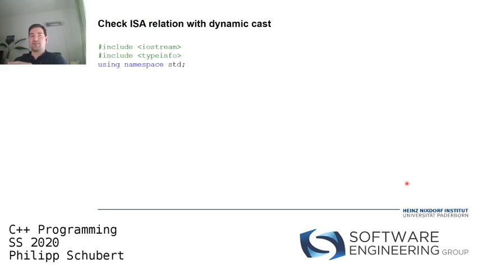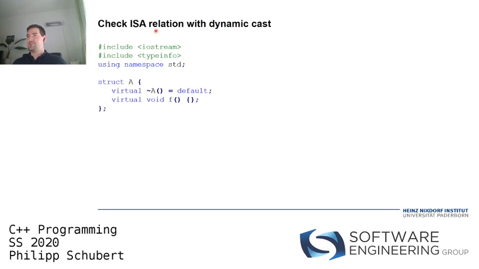If the dynamic cast succeeds, then one thing is also another thing. So if you downcast something from type shape to a triangle and the cast succeeds, then the underlying type was not only a triangle but also a shape.